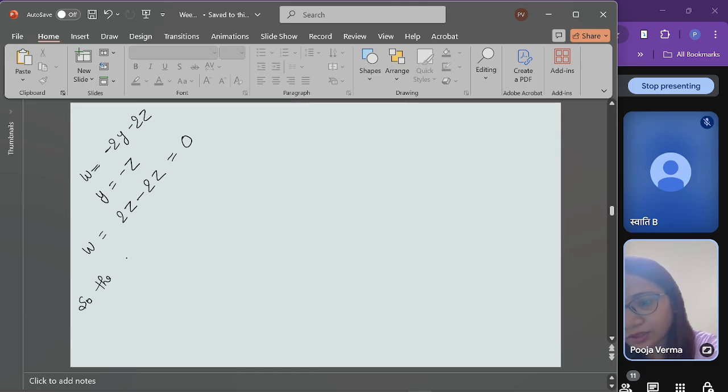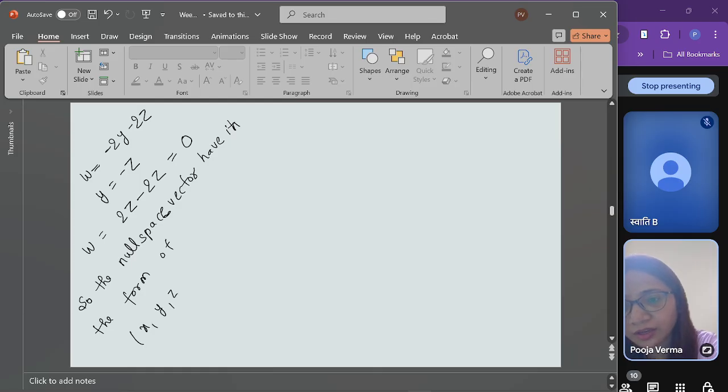The null space vector in the form we have just got. So already we know that it is x, y, z and w transpose. x is equal to 0, already we have solved. Y we can write the same because every equation is in the form of y.